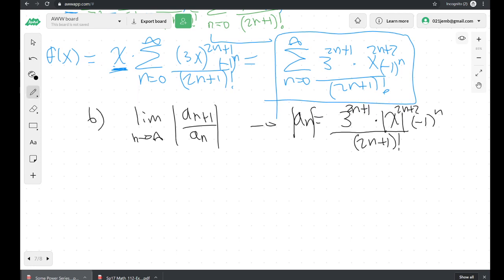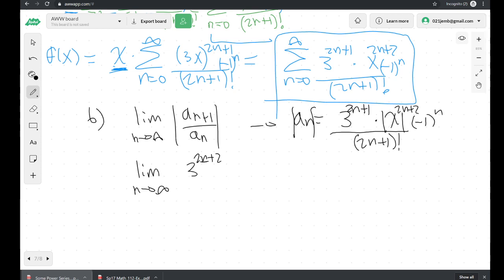So this is going to be the limit as n goes to infinity of a sub n plus 1, which will be 3 to the power of 2n plus 2, because when you input n plus 1 into this over here, that's going to yield 2n plus 1, and plus 1 is 2, right?